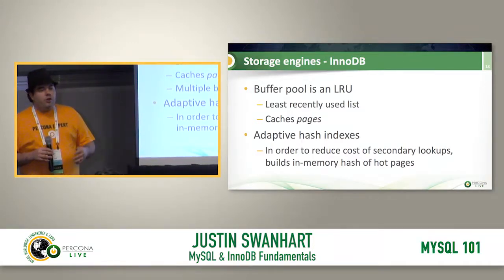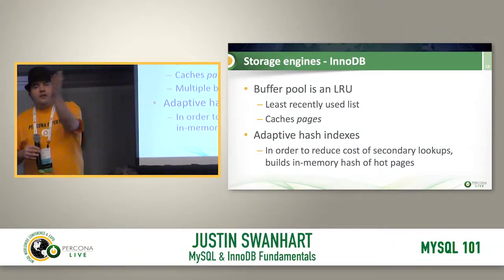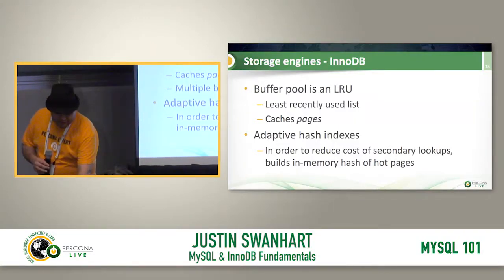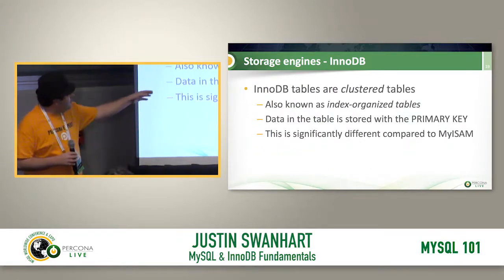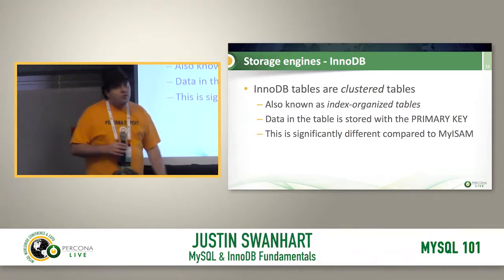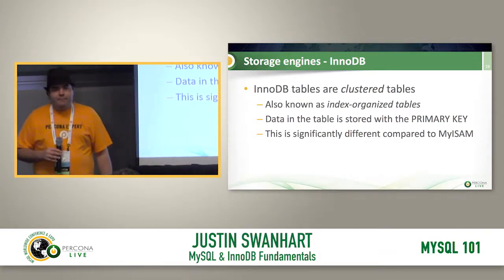In MyISAM, you read the index file, you do a seek directly to the file position, and you're done, because MyISAM has the file position. With InnoDB, the tables are index organized. They're clustered tables, right? So the data for the table is actually stored along with the primary key entry.